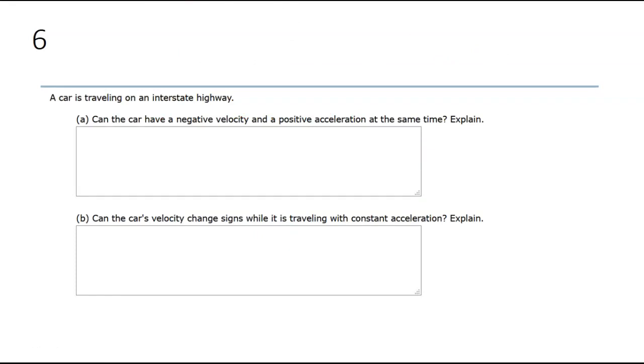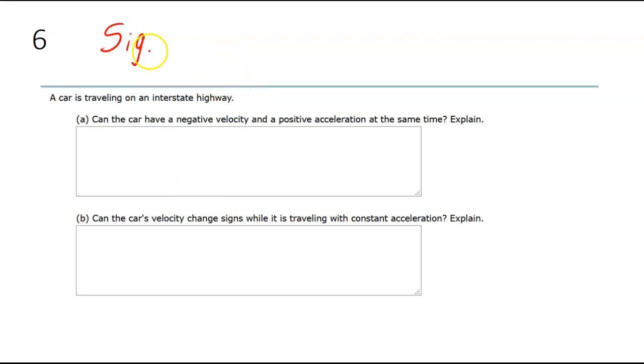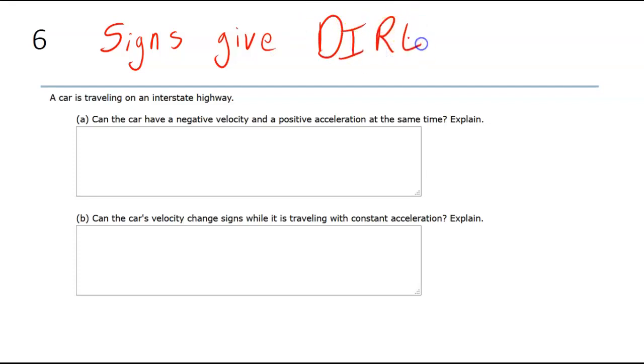Can a car have a negative velocity and a positive acceleration at the same time? Let's just remember that when we're thinking about signs, signs don't tell us about increasing or decreasing. Signs give us direction. That's all the signs of all these vector quantities are telling us.